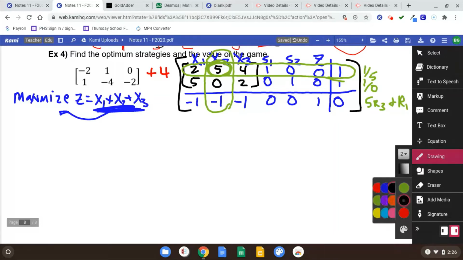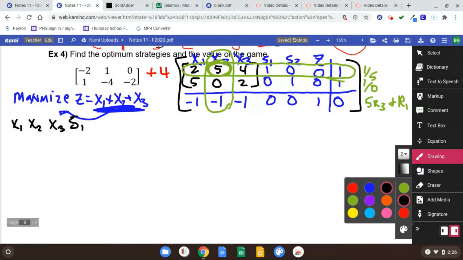So let's just kind of copy everything, starting with the variables. We can copy this row.